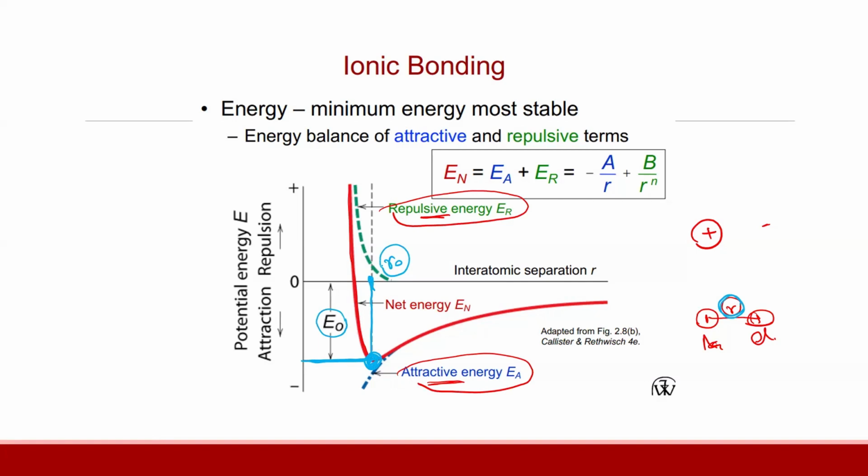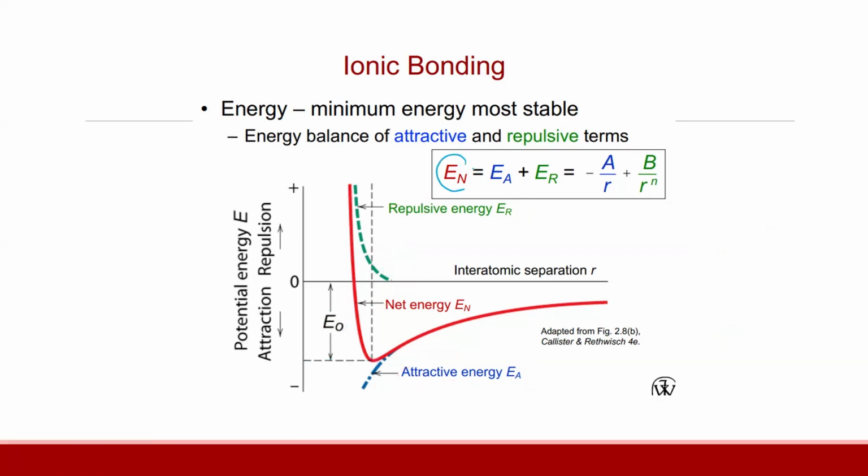In some questions in the tutorial, we are going to find this minimum R using this equation. The total energy is equal to the attractive energy plus the repulsive energy.